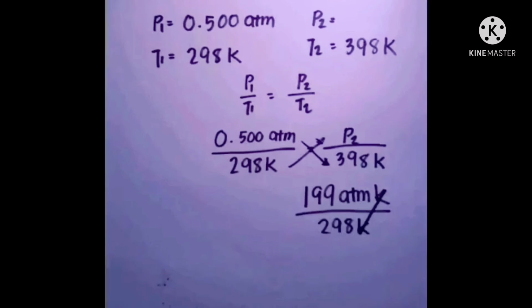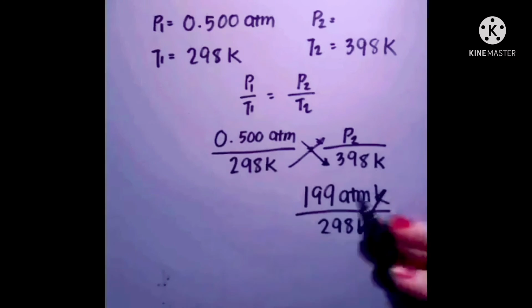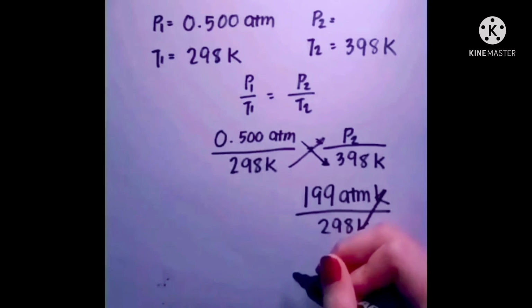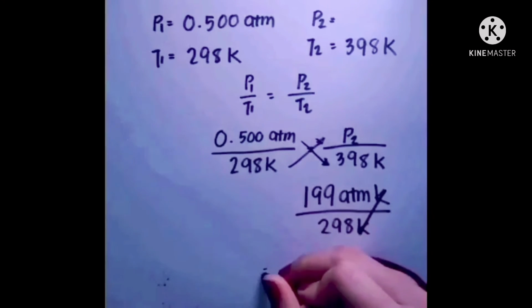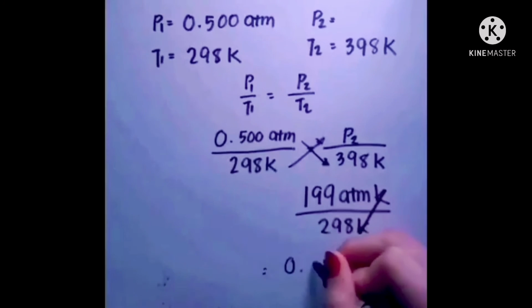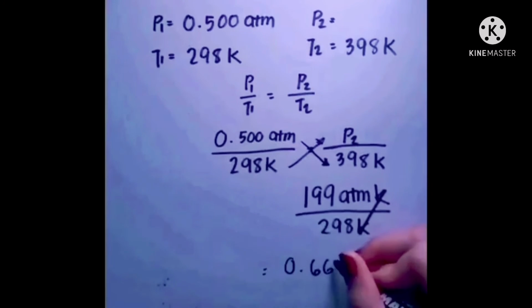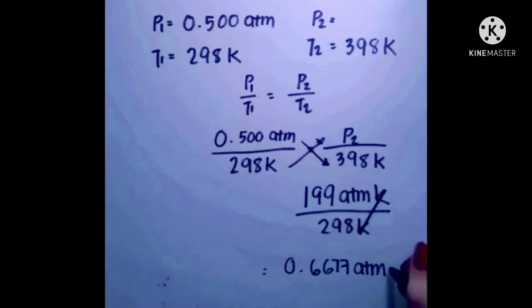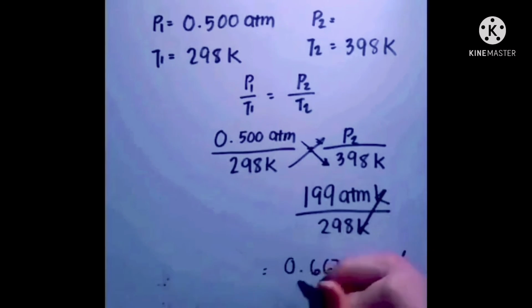So, 199 ATM divided by 298. At ang magiging final answer natin dyan ay equals to 0.6677 ATM.